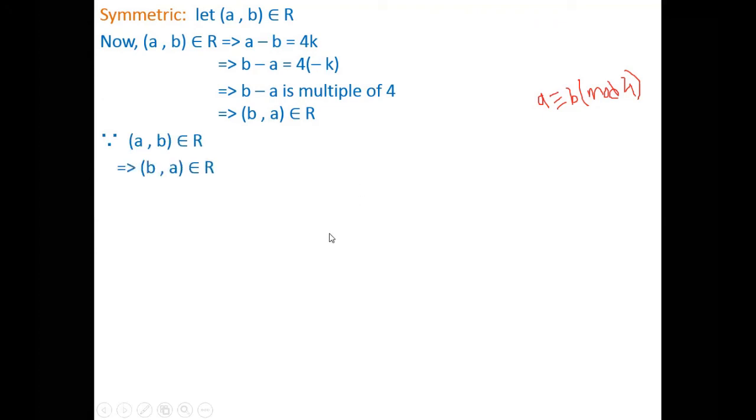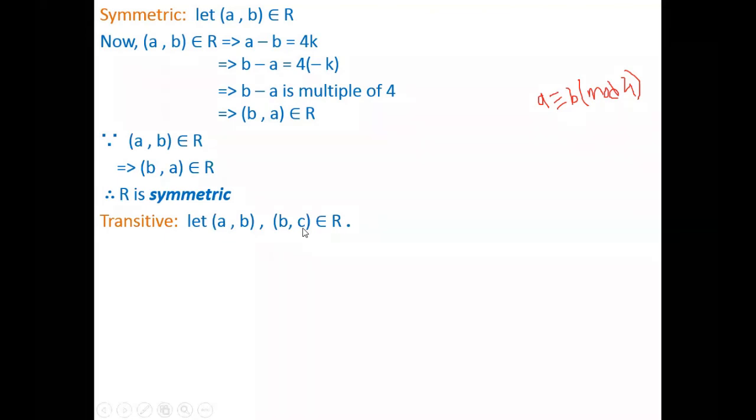Next, transitive. Let (A, B) belong to R and (B, C) belong to R. Once we have these, we have to show (A, C) belongs to R. That means we have to show A minus C is a multiple of 4.